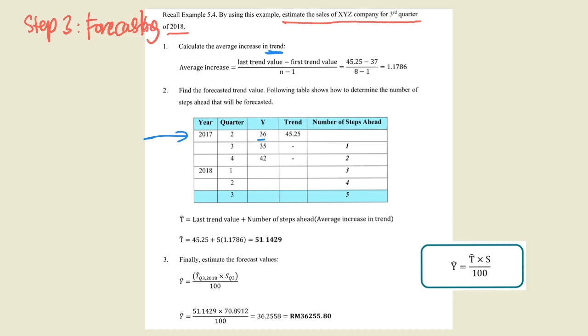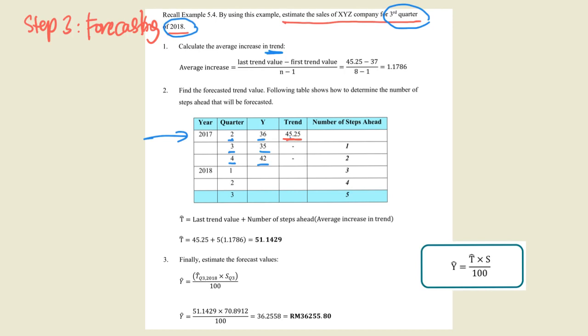The value for the sales is actually 36, but for the trend it is 45.25. The question asks you to forecast third quarter year 2018. So this is second quarter, third quarter, fourth quarter. You have all the values, but the value of the last trend that you have is for the second quarter year 2017.